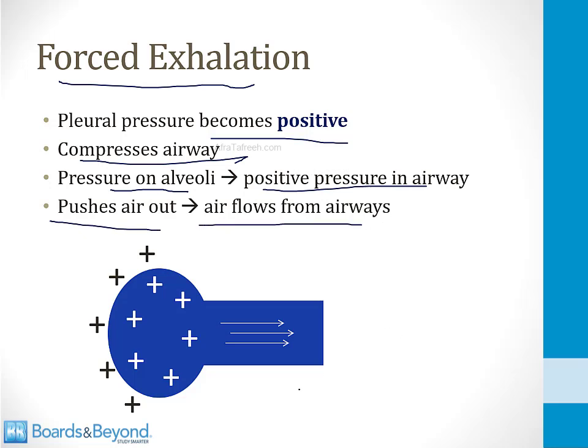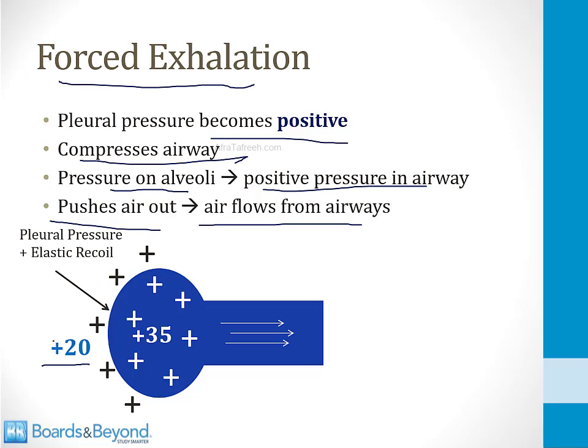So let's take a look at this alveolus I've drawn on the screen here. What happens during a forced exhalation is that the pleural pressure becomes positive. So remember I told you before, during normal quiet breathing it's always negative, but you can make it positive if you try to push air out of your lungs as hard as possible. So let's imagine that we create a pressure of positive 20 in the pleural space. What that's going to do to the pressure in the alveolus is make it even higher than that. It's going to be about plus 35.